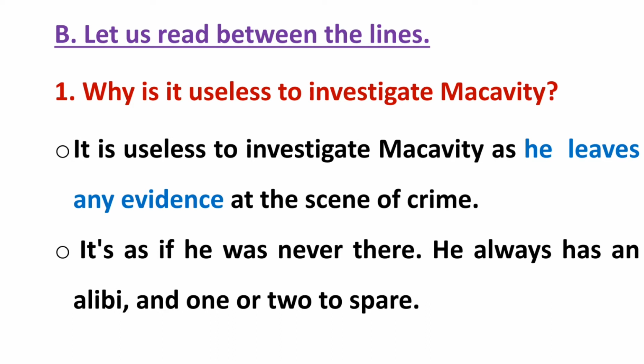And one more thing, he always has an alibi and one or two to spare. So first know the word alibi. You know very well, an alibi is nothing but a piece of evidence that one was elsewhere when the criminal act happened. Usually in some movies we could see some people, in order to prove themselves, show an alibi: at that time I was not here, I was in some other place.